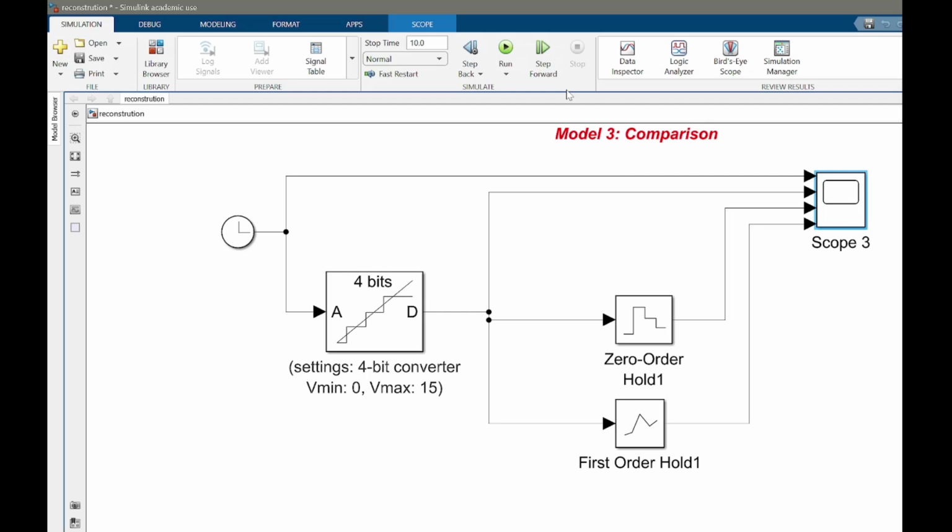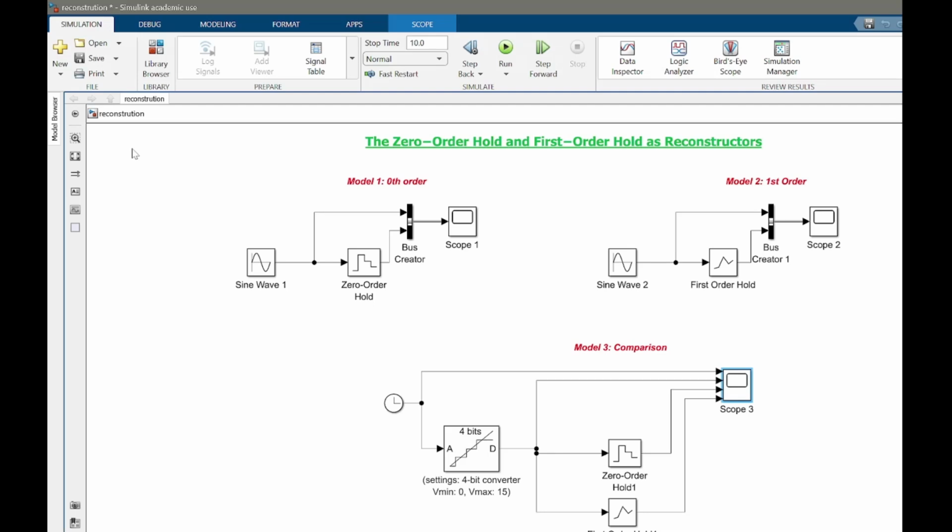So today we have built 3 Simulink models. We learned how the zero order hold reconstructs a signal using constant values. In the second model, we saw how the first order hold improves the reconstruction by connecting samples with a straight line.